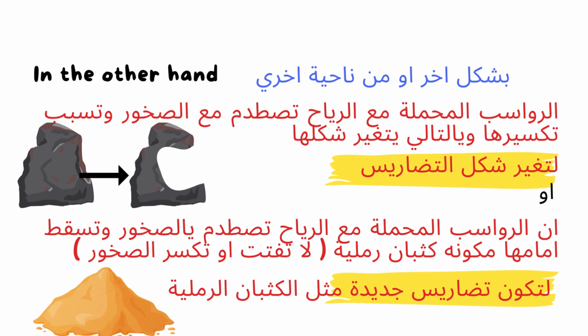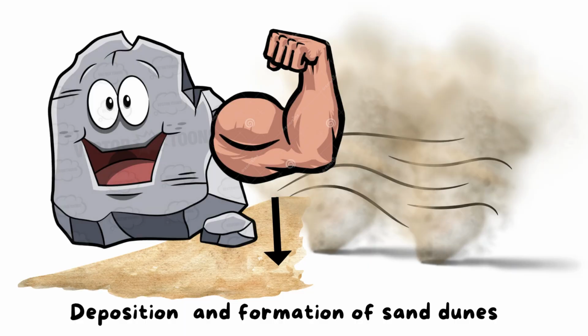The wind carries sand and sediments. These sediments hit a rock, and this rock blocks the way for the sand, and it falls down on the ground and forms the sand dunes. As this rock is very strong, it blocks the way, causing the sand to fall down and form sand dunes.